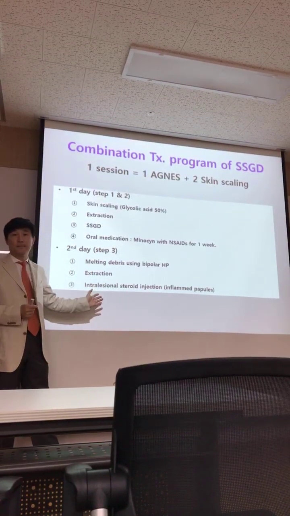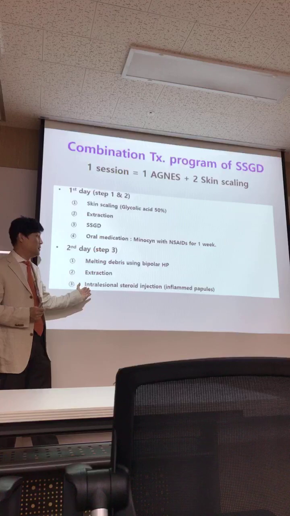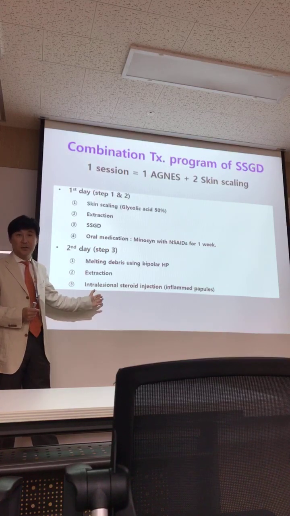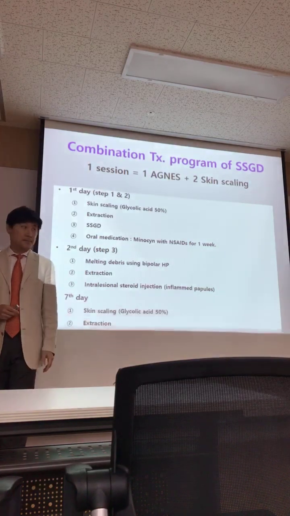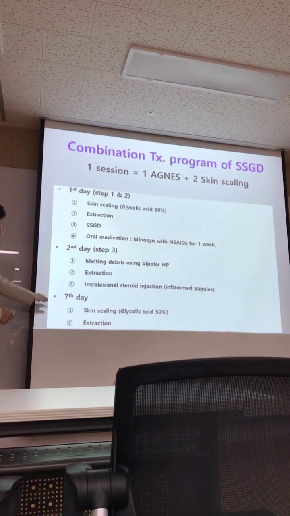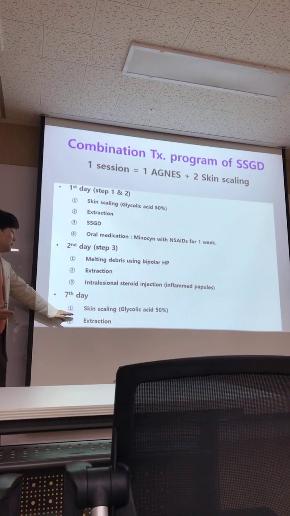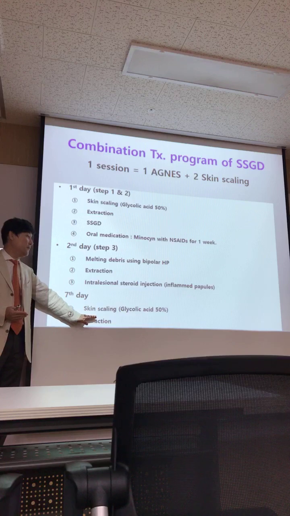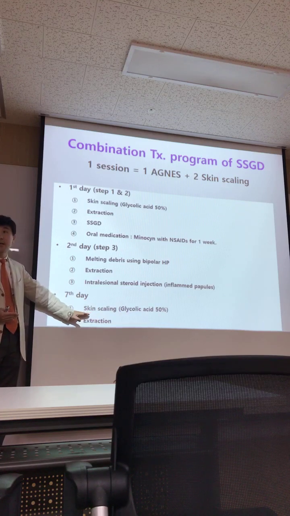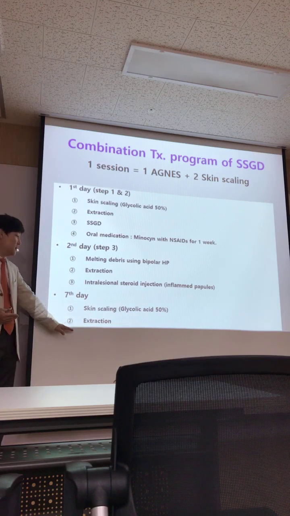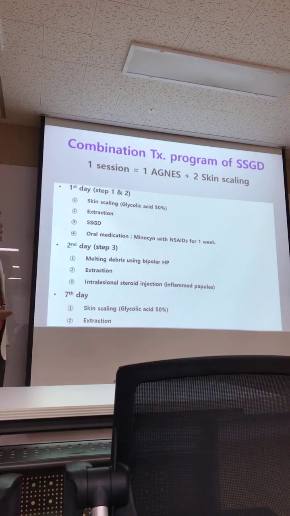So this is for the inflammation as well. And 1 week after, I request a revisit from the patient, apply 50% glycolic acid again, and extraction once again. This is my protocol in my clinic.